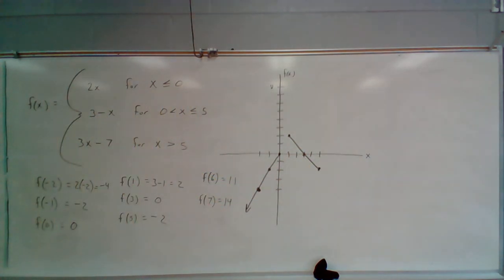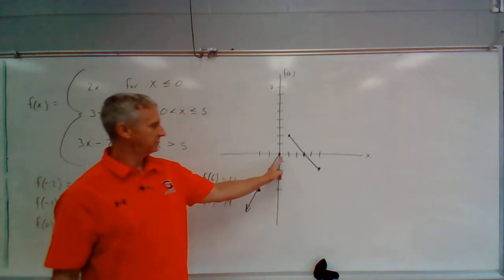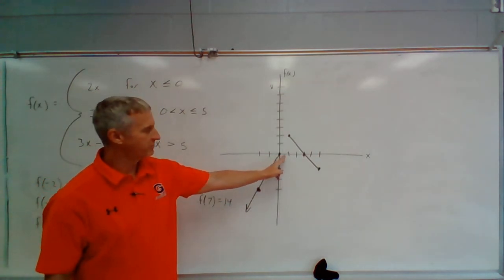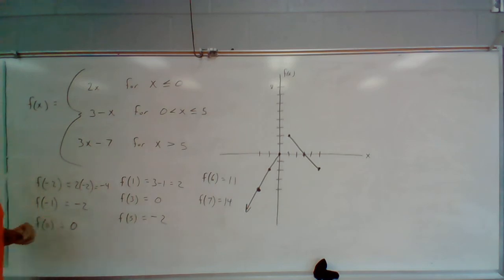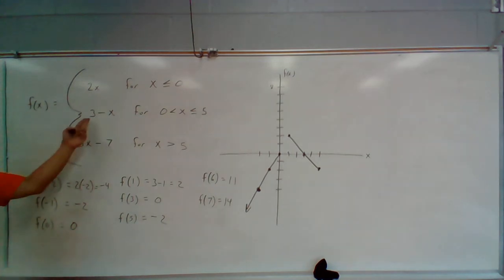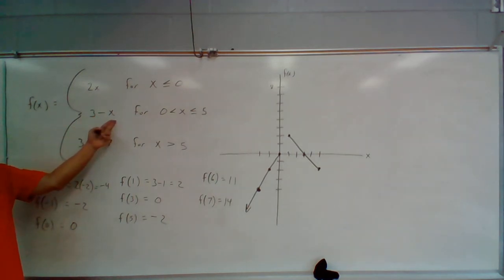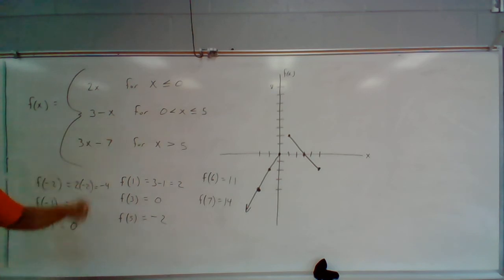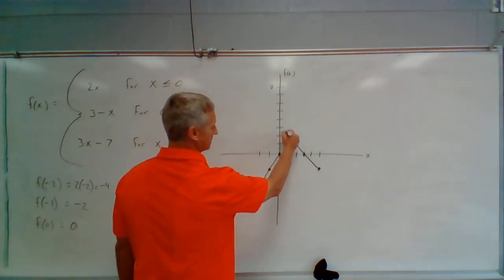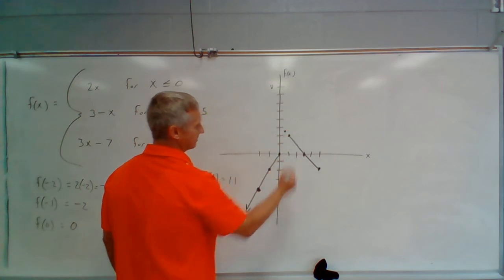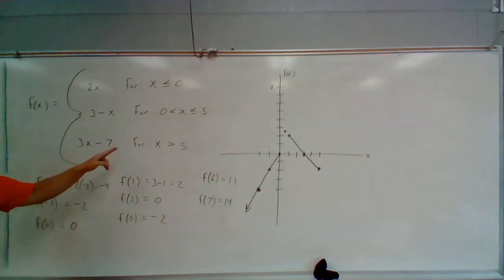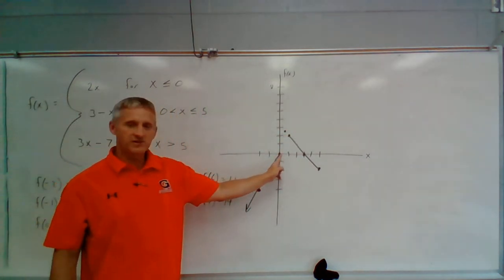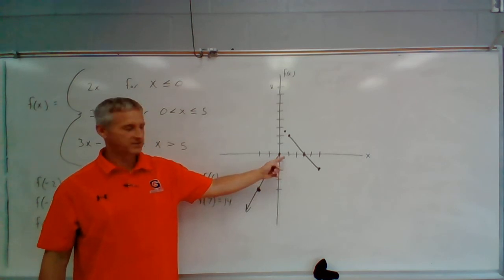All right, but what happens between 0 and 1? So what if I plug in 0.5 maybe to that middle equation? Then we would have 3 minus 0.5, which would be 2.5. So that would be here. And in fact, we can plug in numbers really, really close to 0, say 0.1 or 0.01.